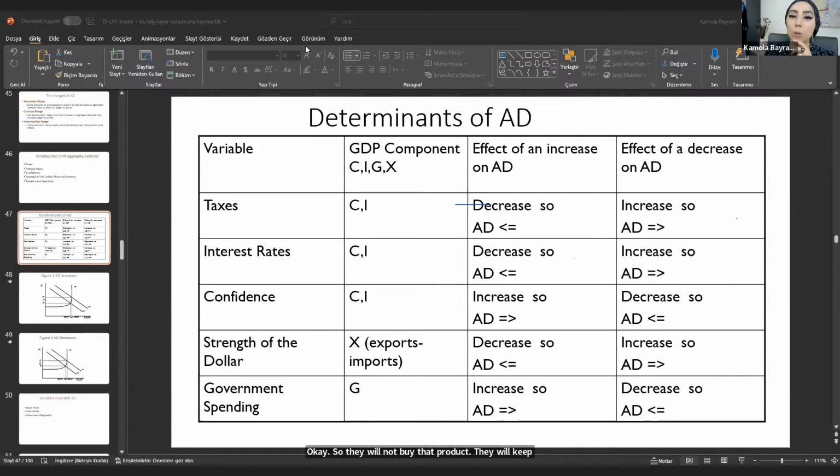That's why you should be careful when you are playing with prices of a good which has substitutes. For example, we have OPEC countries, right? The countries which are petroleum producers.